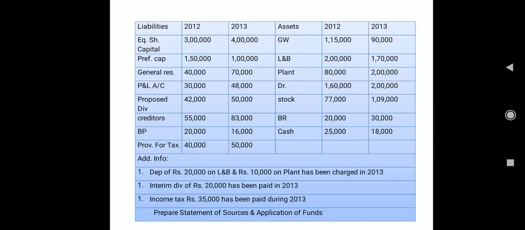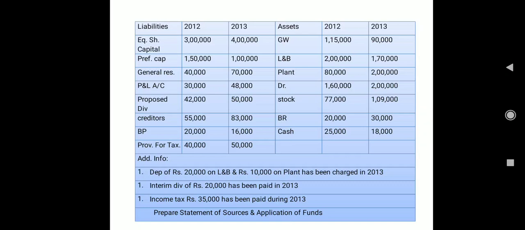So in the question, the very first item given is equity share capital. If you notice, the 2012 value is 3 lakh and the 2013 value is 4 lakh. That means we have issued excess equity shares worth rupees 1 lakh.